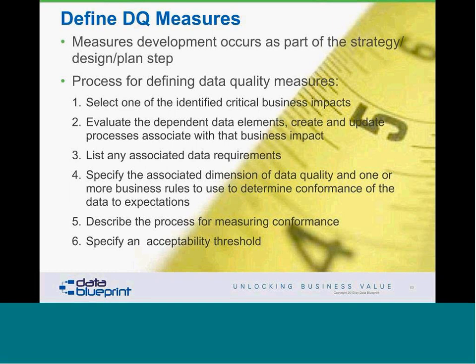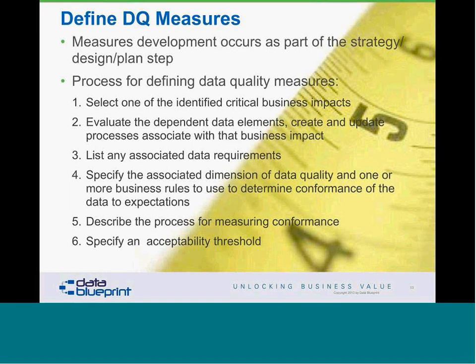Once you do that, you want to start looking at specific measures. Most everybody calls these metrics. Metrics is not a very useful word, so there really are measures. And again, that's identify one of the areas for critical business impact, identify the specific dependent data elements that create and update processes associated with business impact.